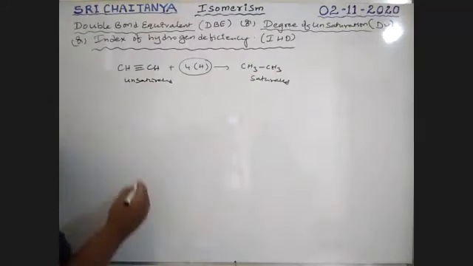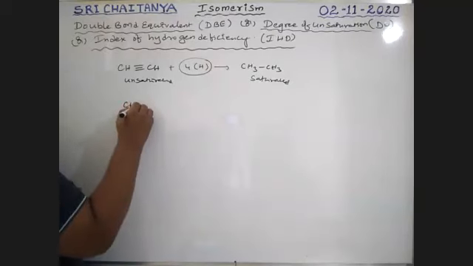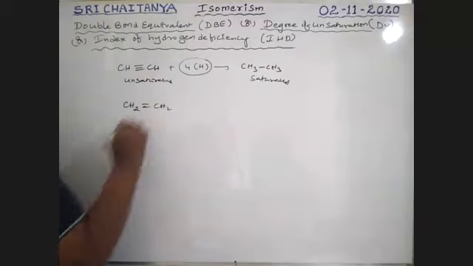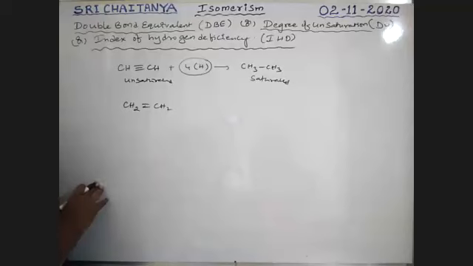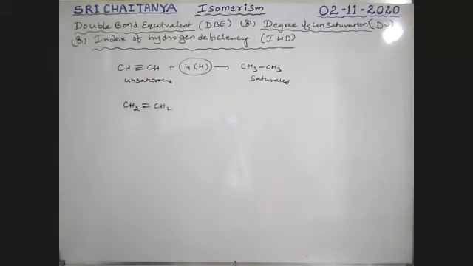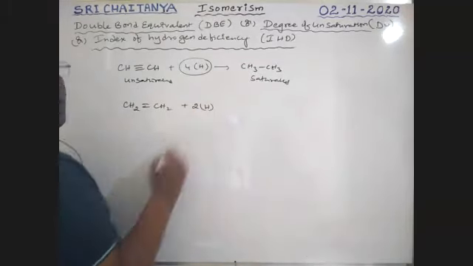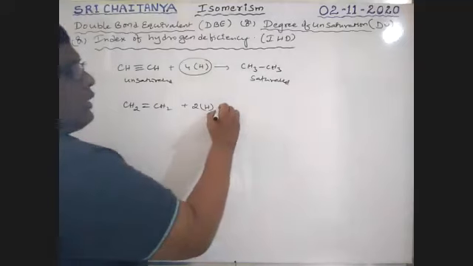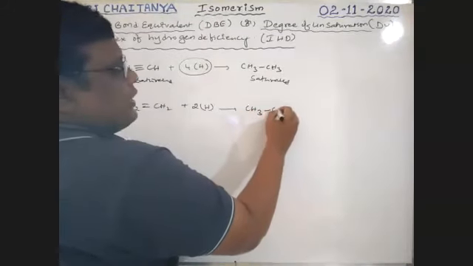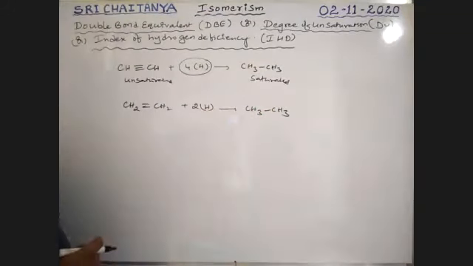Next, let us take one more example. CH2 double bond CH2, which is an unsaturated compound, boys. This absorbs 2 hydrogens, that gives CH3CH3, which is a saturated compound, boys.